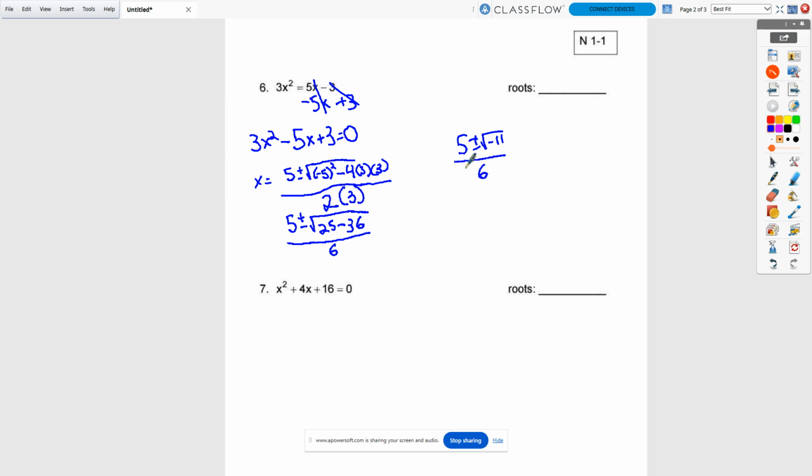All that's going to happen is I'll be able to pull out that negative 1. So the final answer I have is going to be 5 plus or minus i times the square root of 11 over 6.